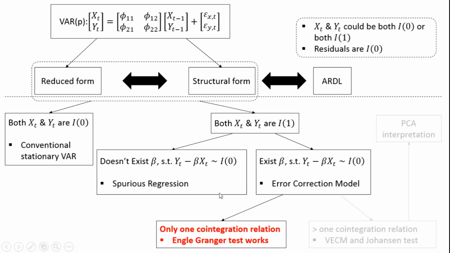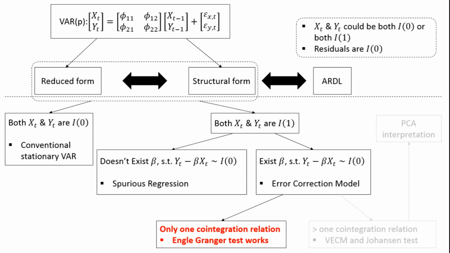So to recapitulate, in a VAR model we have a reduced form and a structural form. In the case in which our two variables are stationary, we have a conventional stationary VAR.